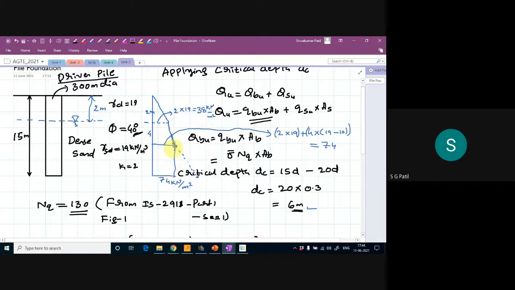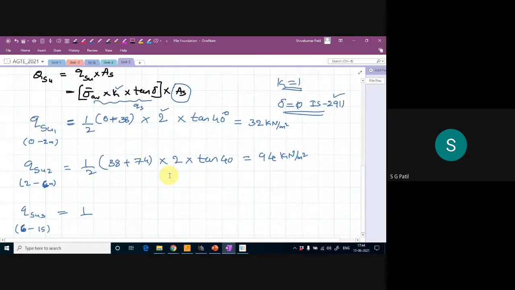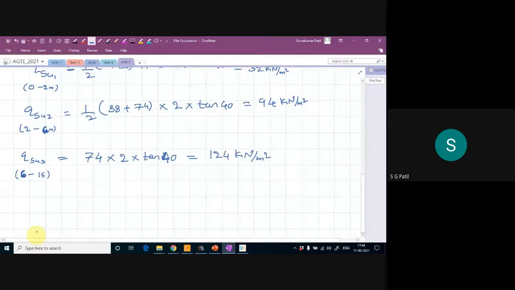So 74 into your K value into tan delta. Tan delta is around tan 40. How much are you getting? 124.1. 124 kilonewton per meter square.